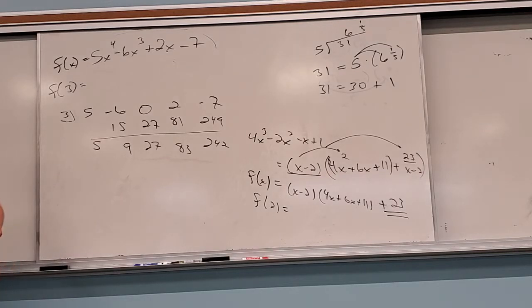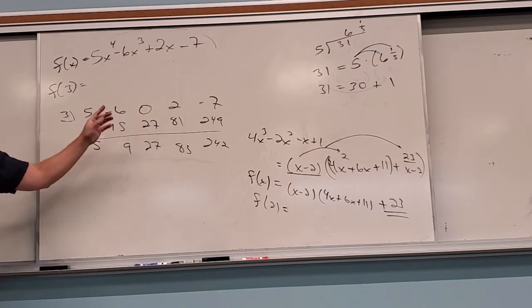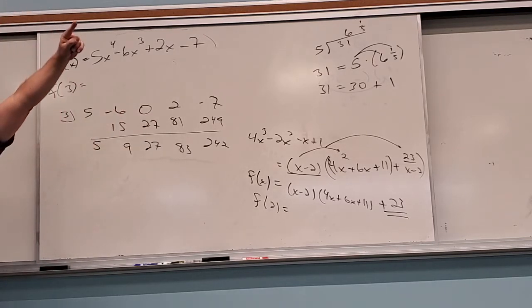Yes? Where did the 0 come from? So this means how many x to the 4th, right? Yeah? How many x cubes? -6. How many x squares? 0. So for synthetic division to work, all the places have to be represented.